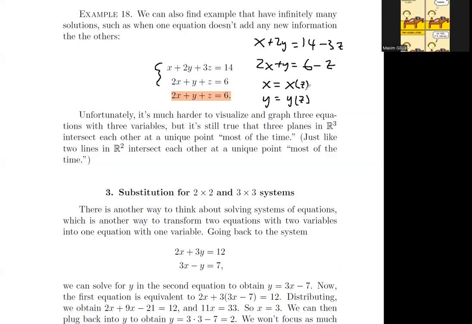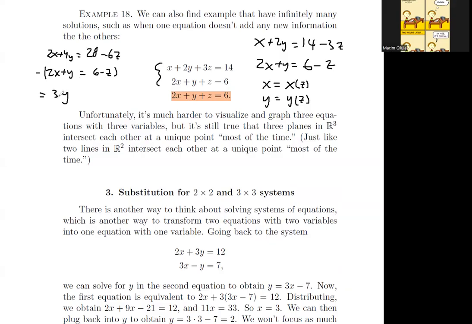We could actually solve this system and see what happens. So let's solve it. If I multiply the top equation by 2, I get 2x plus 4y equals 28 minus 6z. And then I have 2x plus y equals 6 minus z. I could subtract the bottom equation and get rid of x.